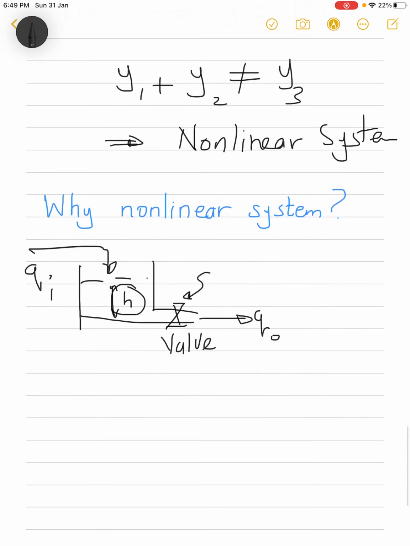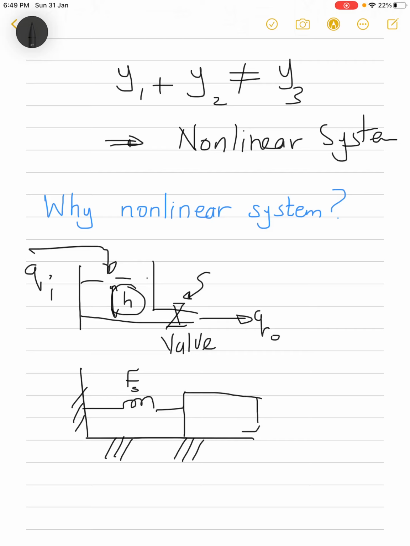Another example that we could consider is a simple mechanical system which consists of a spring, say with some spring force Fs, connected to a mass, small m, that has friction with the floor surface with force Ff, and we assume that there is some external force applied to the system, I call it F, and suppose that we measure the displacement of that mass, say y.